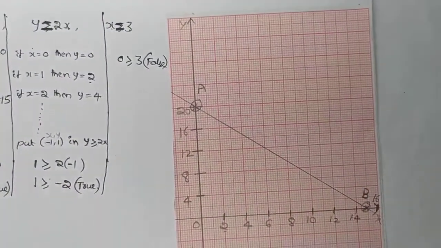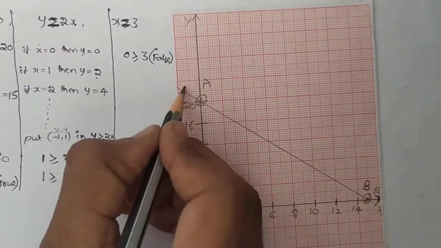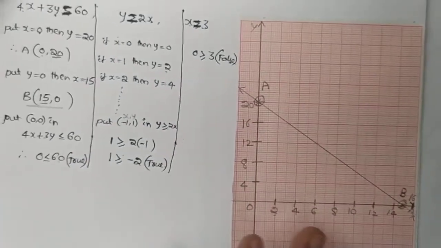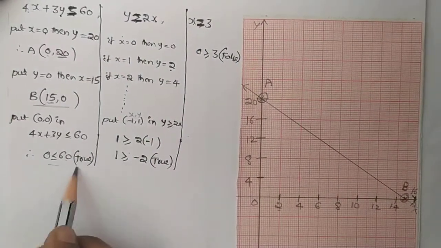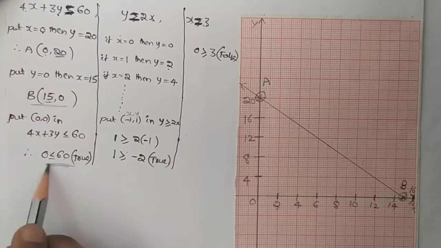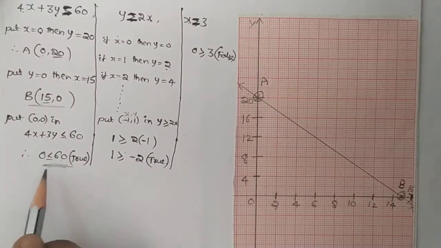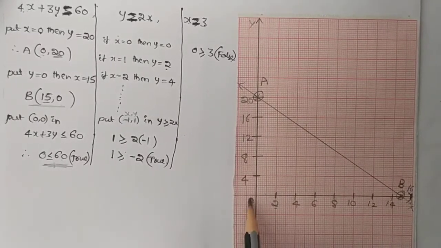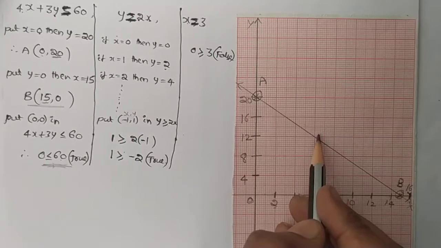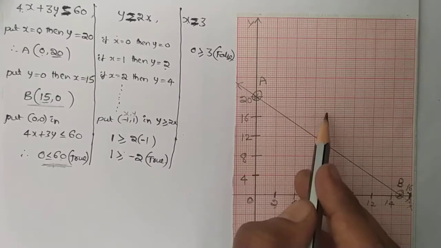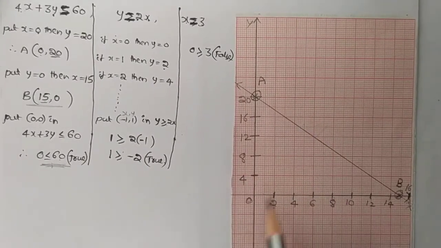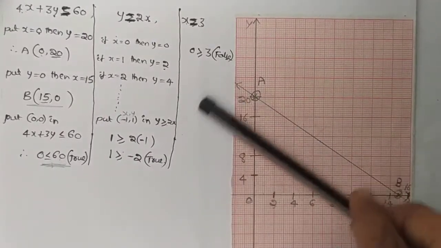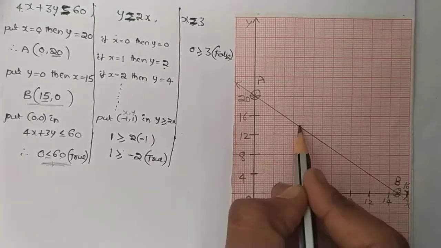Here is the line 4x plus 3y equals 60. Now this result is giving true. If it is true, where do we shade? Towards the origin. If we shade in this place, then that will be away from the origin, so we have to shade towards the origin, like this, right, towards the origin.